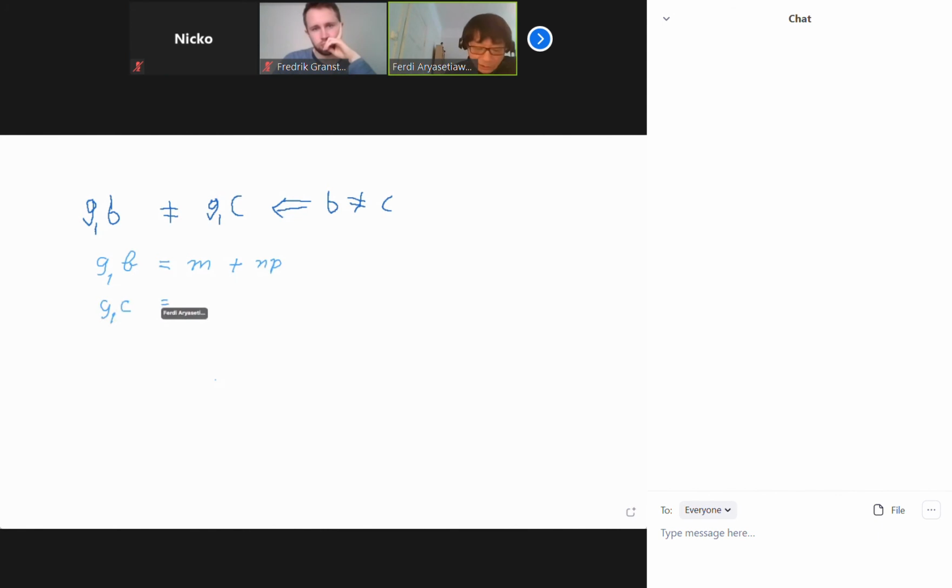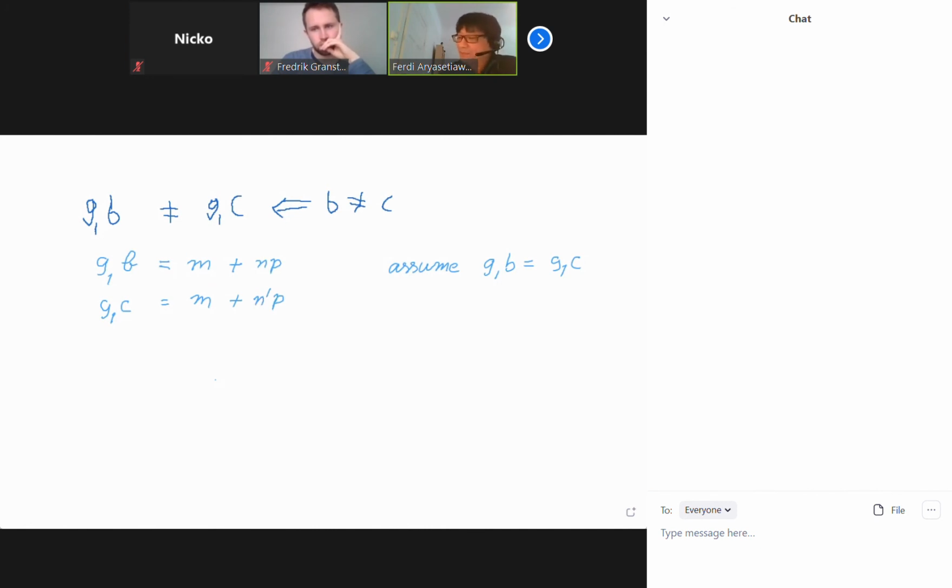So let's assume that it is the same. So we assume, this is often the usual trick, that this is equal to G1C. So then it's equal to M, but I could have a different n, so let's call it n prime p, like that.